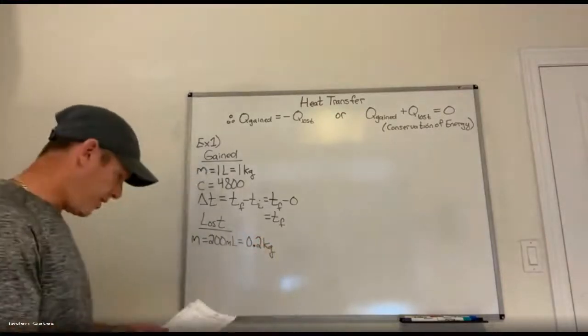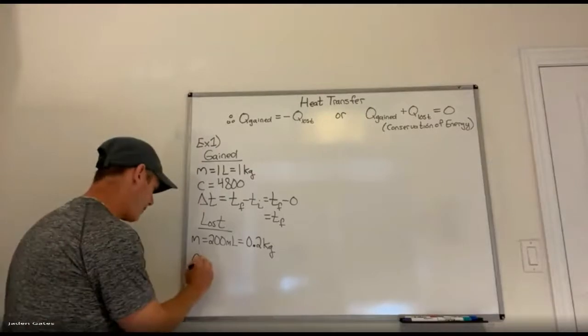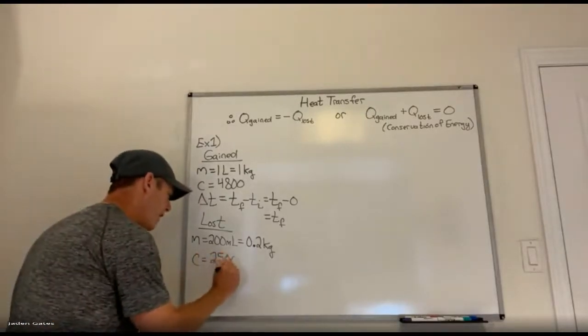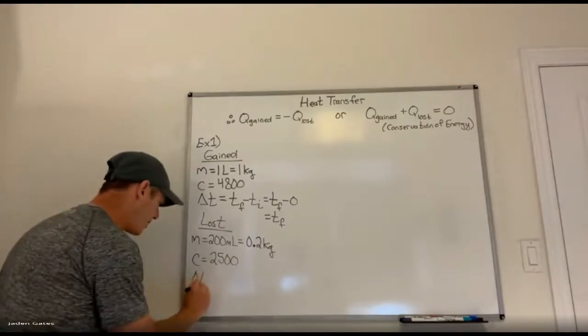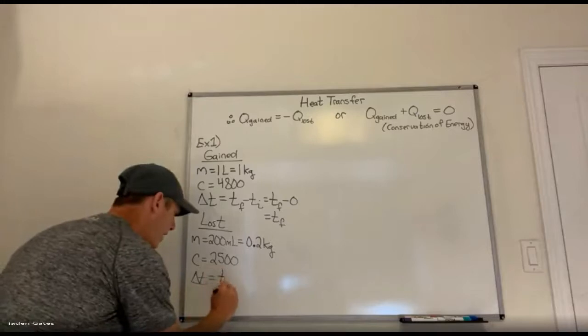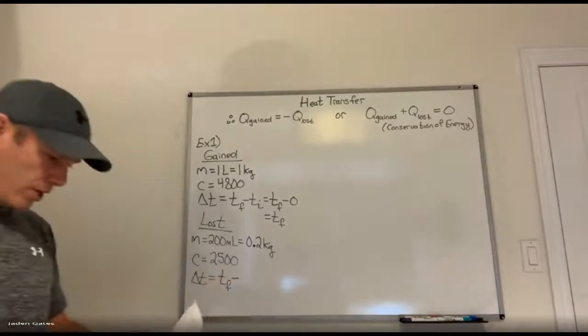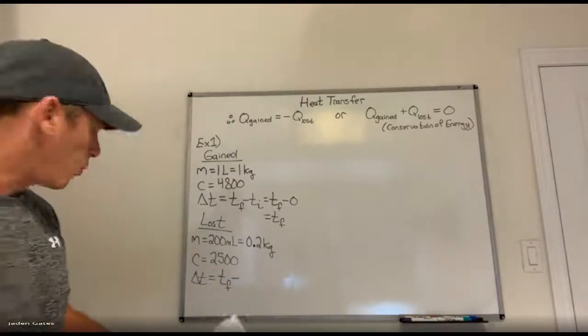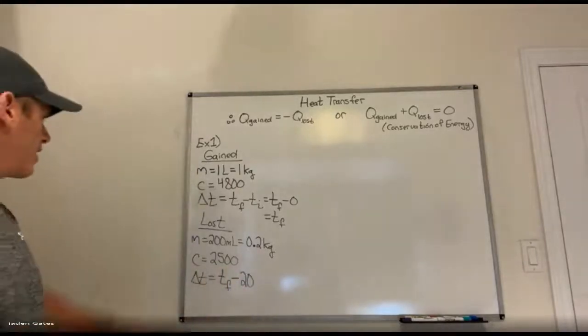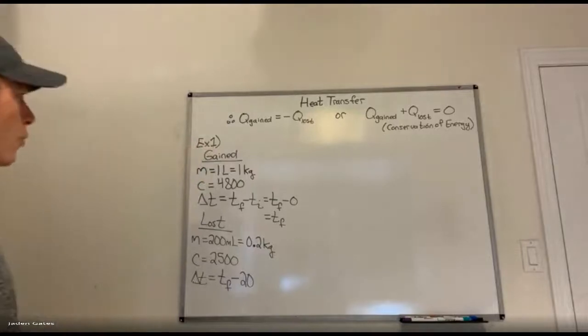Now the C value of this alcohol is 2,500. And again, when I'm looking at the delta T, the change in temperature, I have the final TF minus the initial. Now we know the initial is 20 degrees. All right, so there's my information that I have all written out.